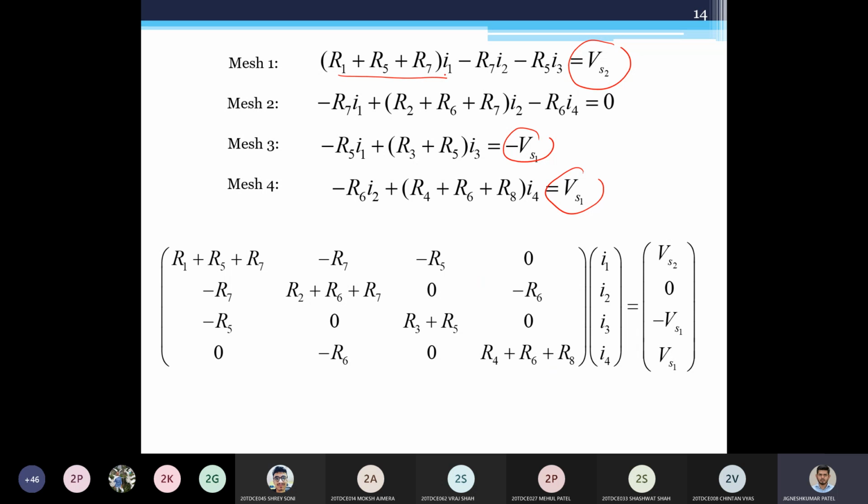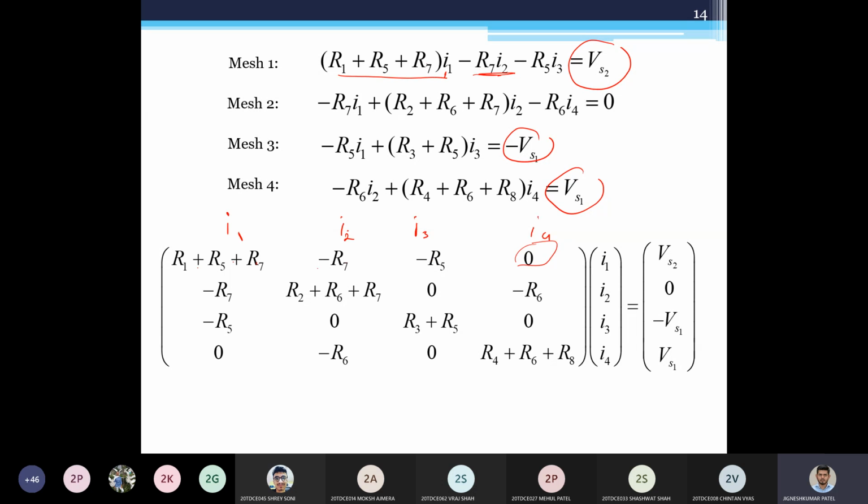Whatever is with I1, I'll write in this line, then I2, I3 and I4. So here R1 plus R5 plus R7 into I1, then minus R7 into I2, then minus R5 into I3, and 0.